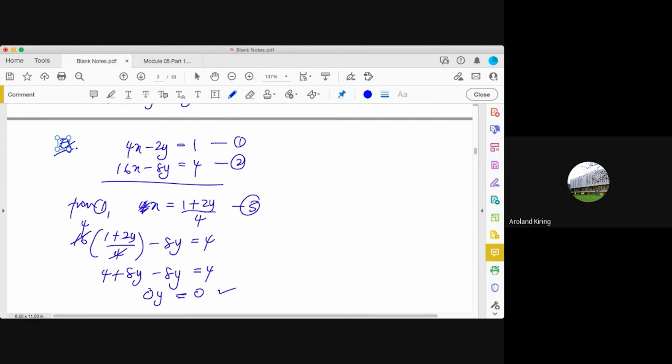That means if we take from 1, or you can take either 1 or 2, from 1 we have 4x minus 2y equal to 1. Meaning to say, these equations can take any values of x and y. There is no specific solution to it. The solutions can take any values as long as they result in 1. So in this case, we have multiple solutions.